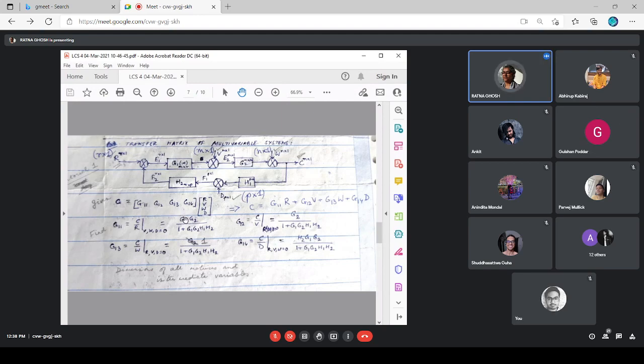Actually, I should have correctly written it as G2 into G1, because these are multivariables. So G2 operates on G1. It should have been G2 followed by G1. Otherwise, you won't have this multiplication coming in. See, R is followed by first G1 operating on that, then G2 operating.